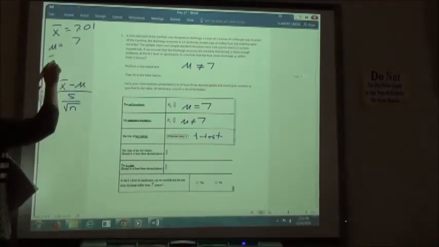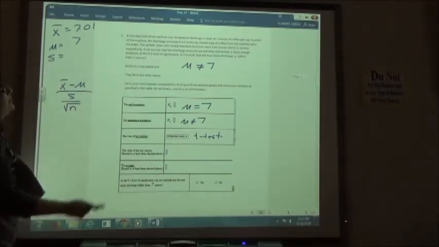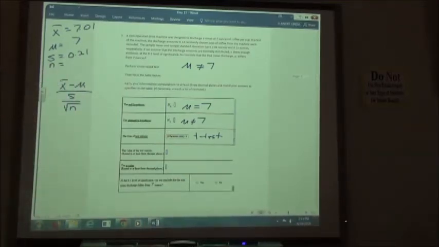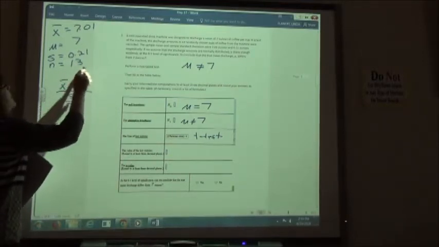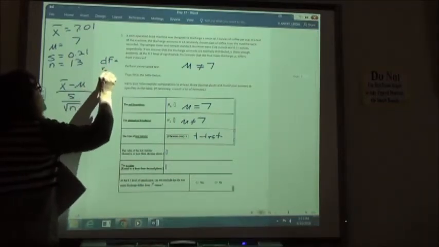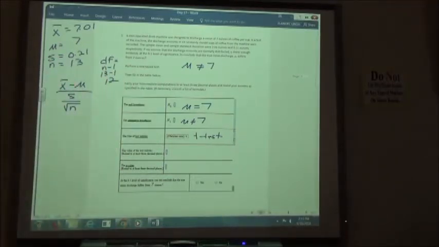The sample standard deviation is 0.21, and n is 13, which means my degree of freedom is going to be 12. 13 minus 1 is 12, right? It's always n minus 1. I just do that right away while I'm doing the rest of my numbers because I know I'll probably need it later. So, again, plugging those into the formula.